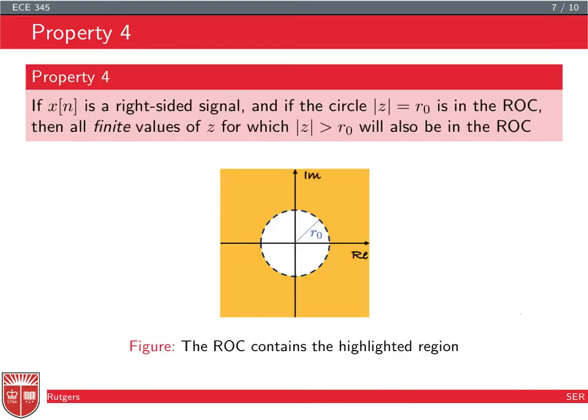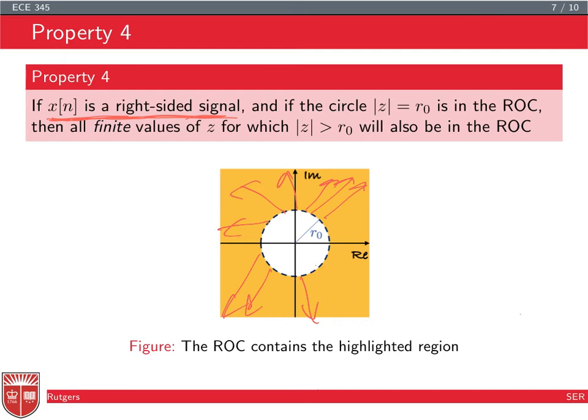The fourth property says that if x[n] is a right-sided signal, and this is an important condition here, and if the circle with radius r0 is in the ROC, then everything outside this circle must also be in the ROC.